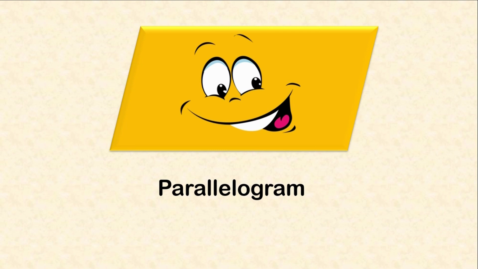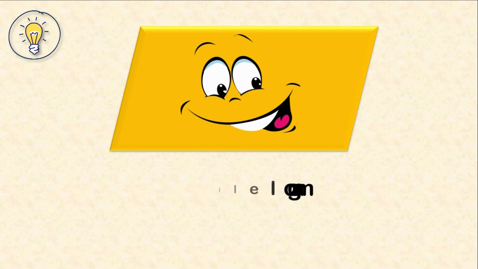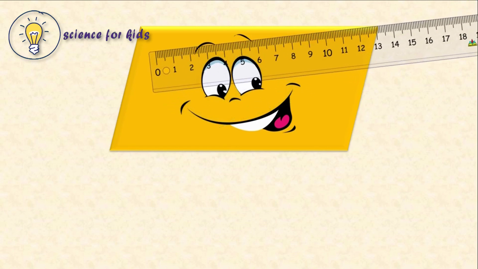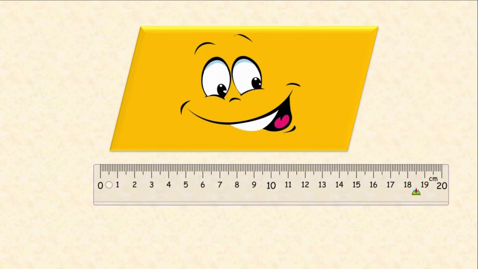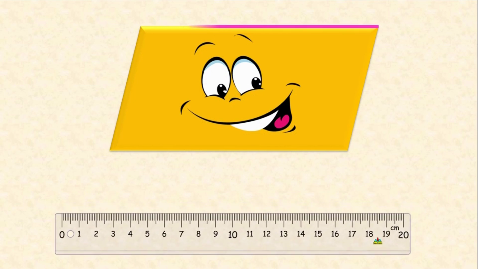Mr. Parallelogram, like all other shapes, has specific features. For example, if we measure the upper side and the lower side of Mr. Parallelogram that are depicted with purple lines, we will notice that they are equal.